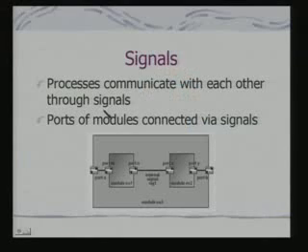Please note the word channel that I have used not in the sense of SystemC, but in a generic English sense. So processes communicate with each other through signals. If I say ports of modules are connected via signals, this is your module 1, this is your module 2, and these modules have to be connected via ports, and there will be signals connecting the ports.